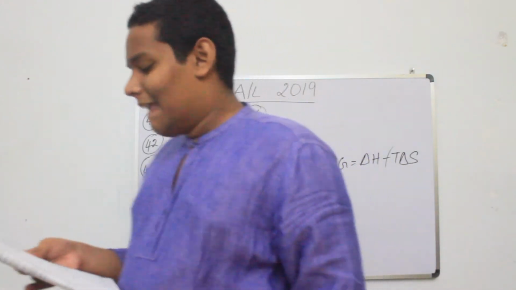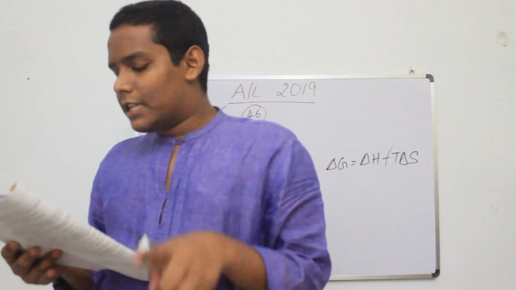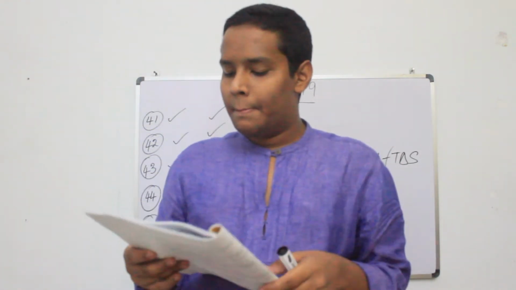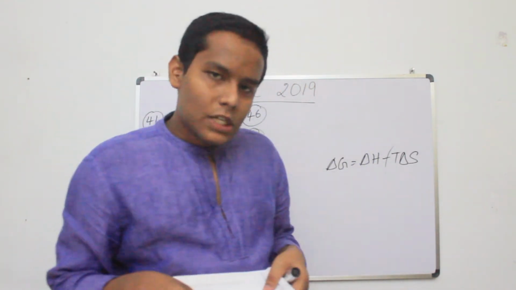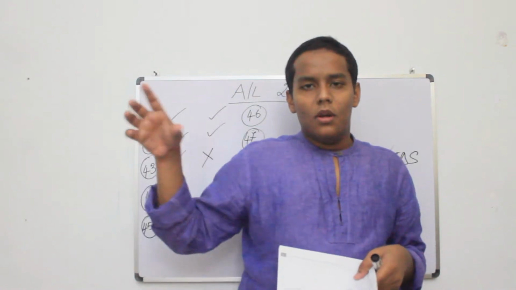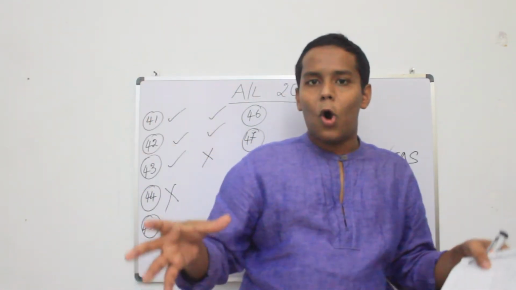Okay. Next one. Gibbs energy change can be used to predict the direction of the reaction only under constant temperature, constant pressure conditions. Yes. If the temperature is constant, pressure constant, number of moles constant, then the Gibbs energy change is only going to depend on how the reaction favors.